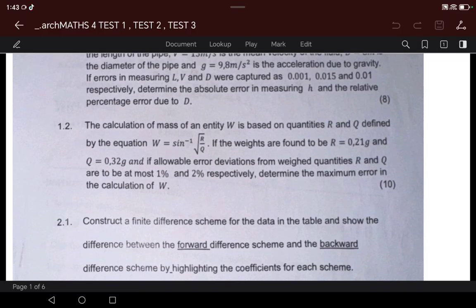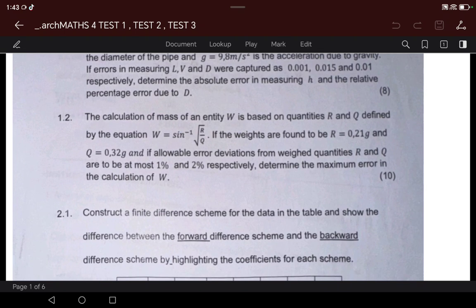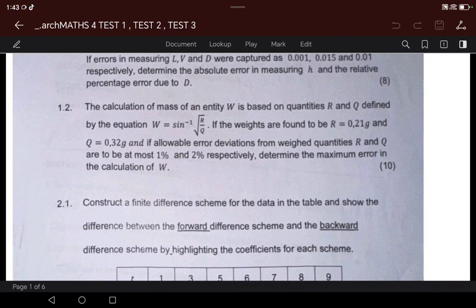In 1.2, they say the calculation of mass of an entity W is based on quantities R and Q. You see here we have variables W, Q, and R, defined by the equation W equals arcsine square root of R over Q. If the weights are found to be R equals this, Q equals that, and if the allowable error deviation from weight quantities R and Q are to be at most 1% and 2%.